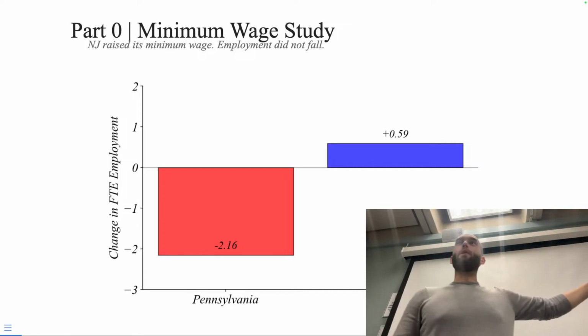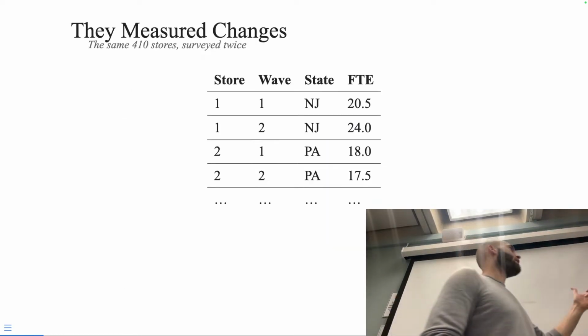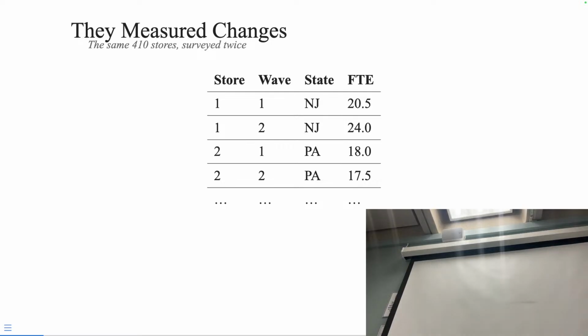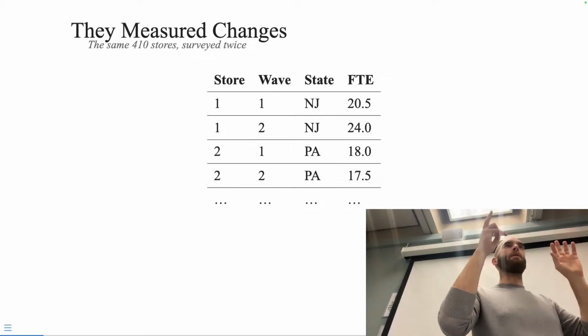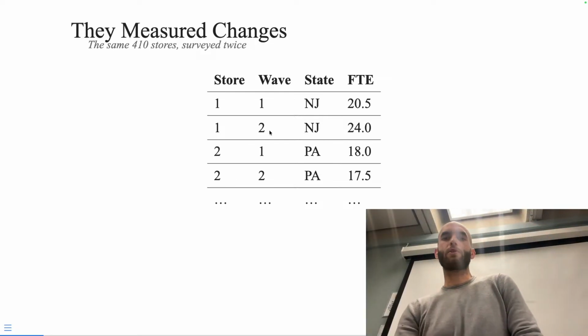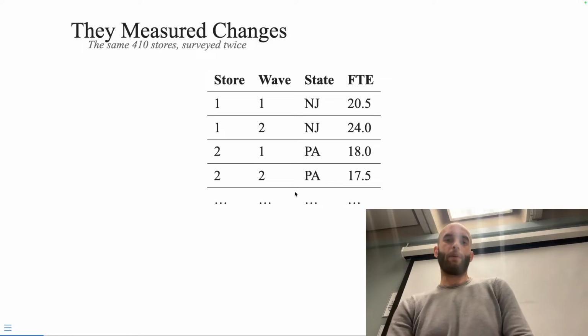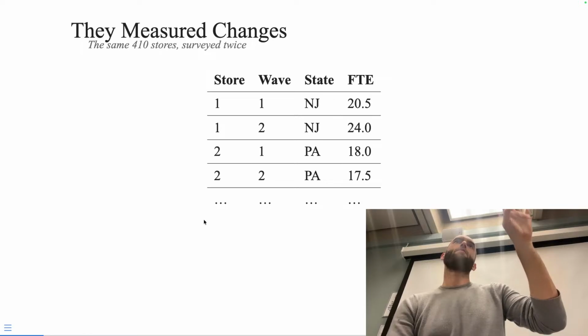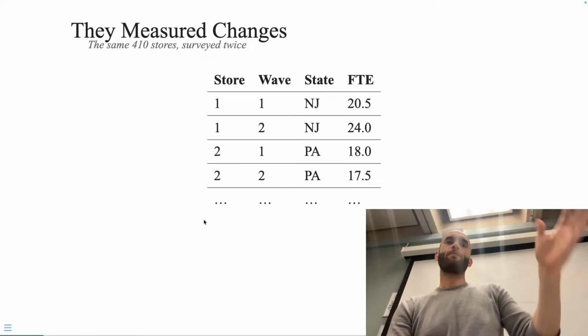In this example, you'll remember, we talked through what their data set looked like. We have many stores, we have 2 states, and we have 2 time periods. For now, we can sort of ignore the state variable because store is linked to a state, right? Stores don't change states.